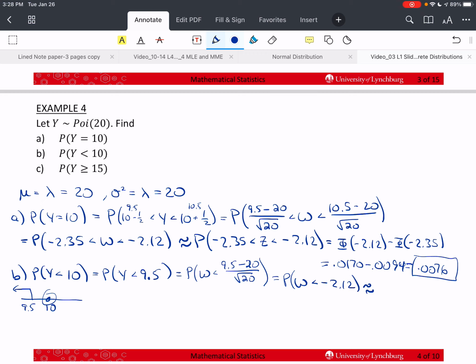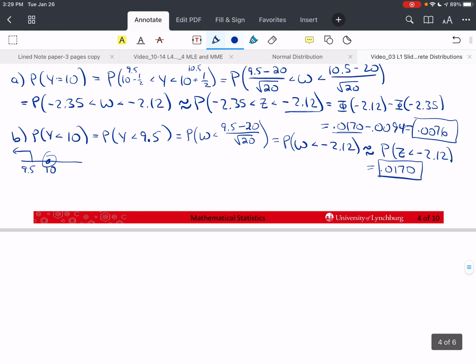Now, approximately, this is the same as Z is less than negative 2.12. And if we look up the negative 2.12, which we did last time, that's 0.0170 here. So this is 0.0170, and that is our answer.